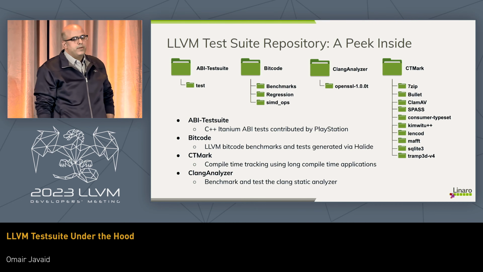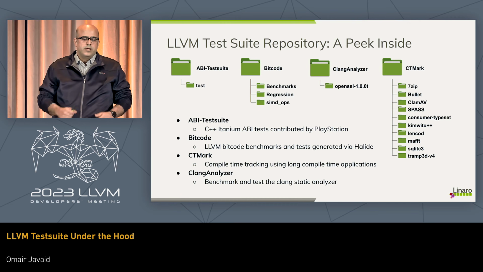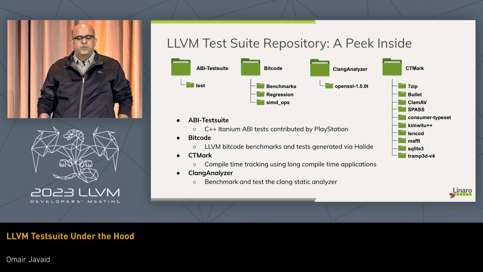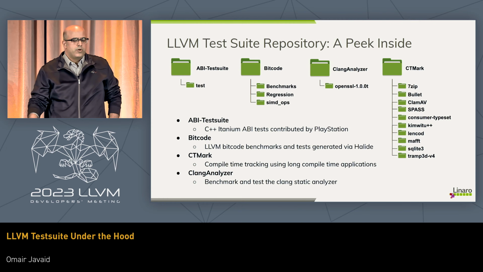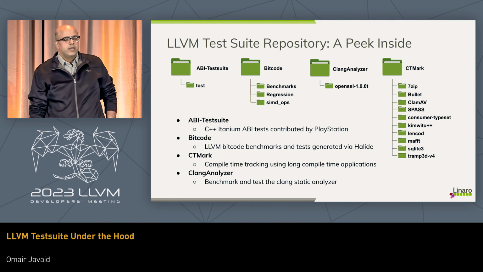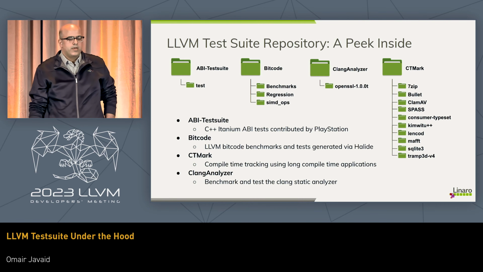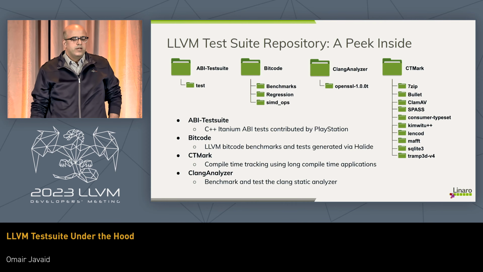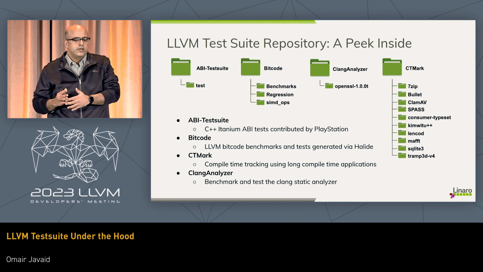Okay, first up is the ABI test suite. It is a set of tests to test the C++ Itanium ABI, and those were contributed by PlayStation. It is important for checking the ABI conformance of LLVM tools over a period of time. These tests are not tightly coupled with the rest of the test suite.